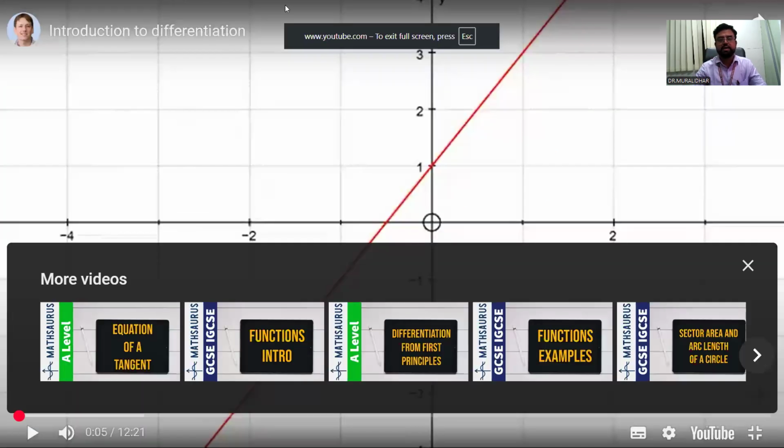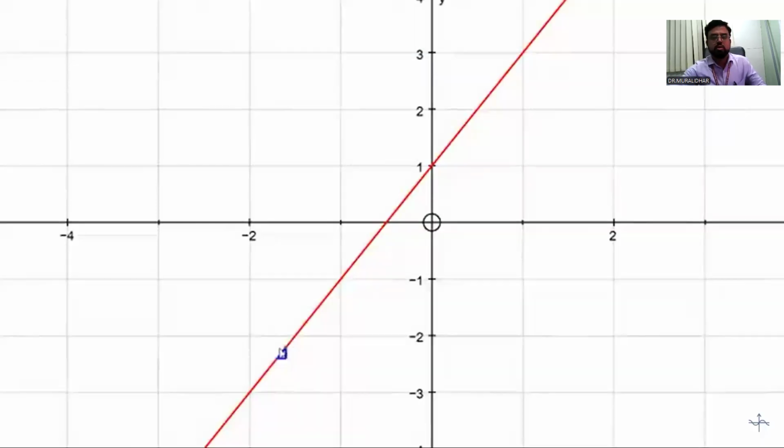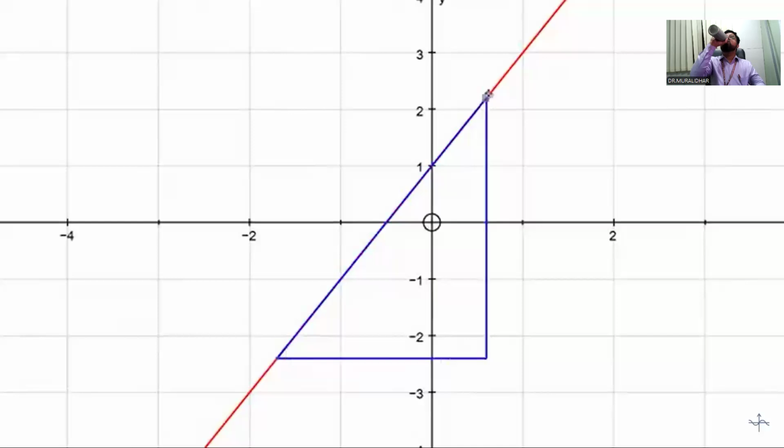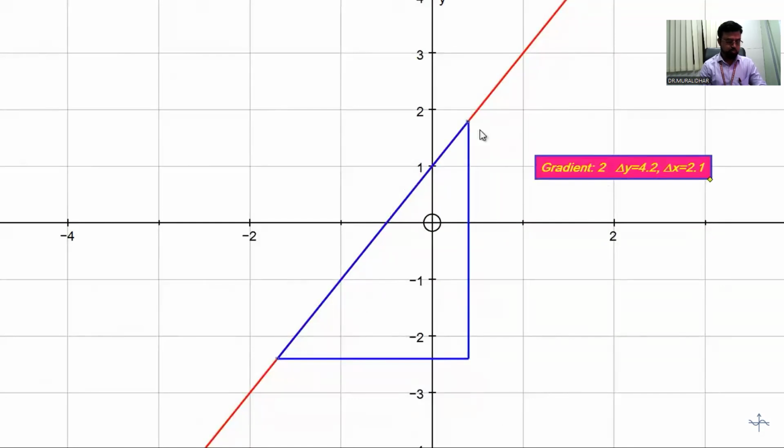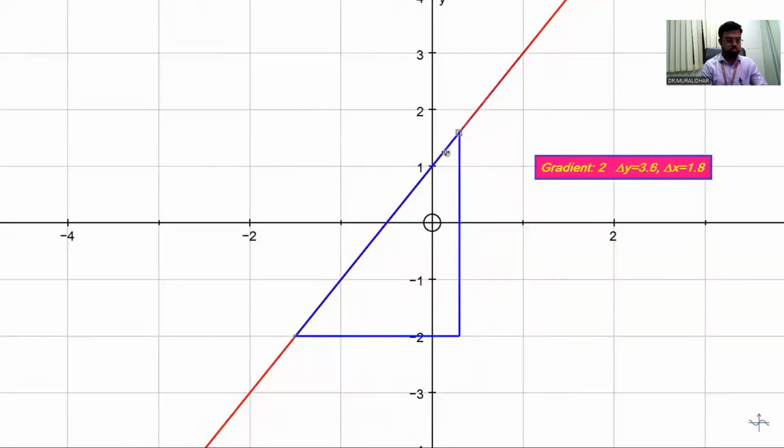Just understand the gradient of the line to be the change in y divided by the change in x. And that makes sense for a straight line because the change in y divided by the change in x is constant. So if I bring up a little box here on this straight line, wherever we fix 2 points, the change in y divided by the change in x gives us the gradient, and it stays constant at 2 as the change in y and the change in x vary.